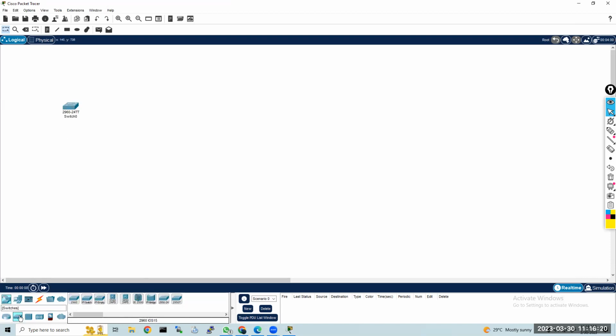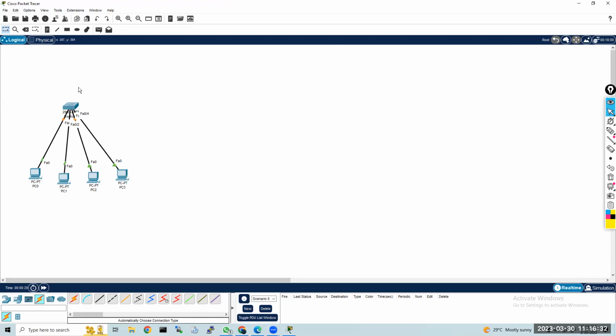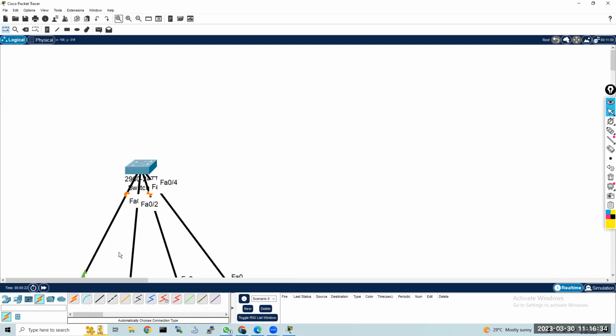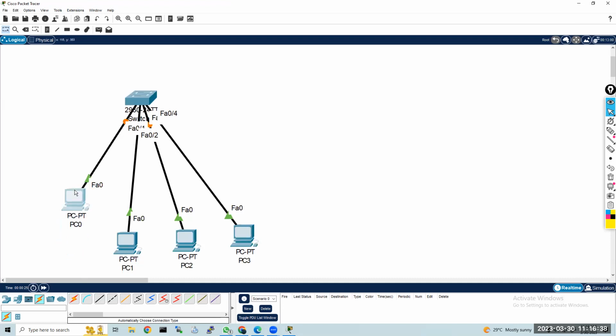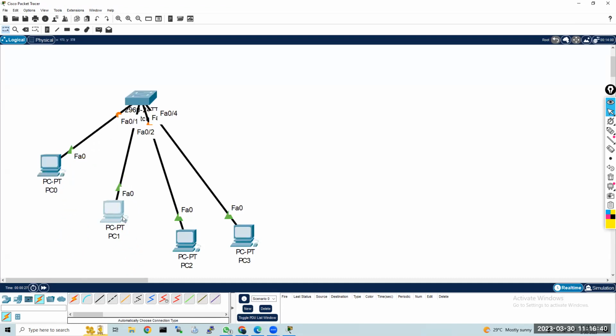Suppose when you connect any end user devices, for example these four devices, it takes time to come up. Can you see how much time it takes? It takes a lot of time to bring up this link. Still it is down.